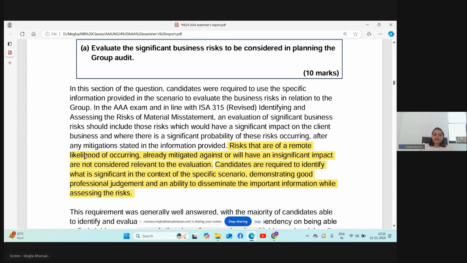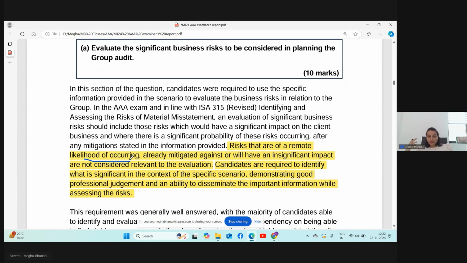For example, if they've said going concern issue, it might not be very relevant in this scenario because they have not given any problem which says that oil and extraction has some kind of government problem or it's going to shut down in future. If something like that is there, then probably talking about going concern would be relevant here. So you have to look at the scenario based on the information you have to answer.